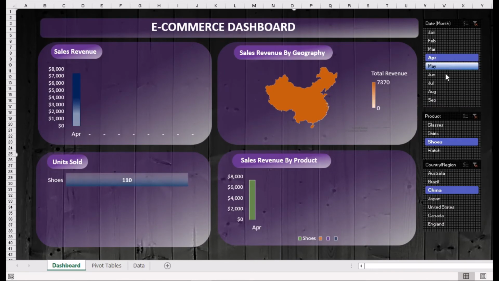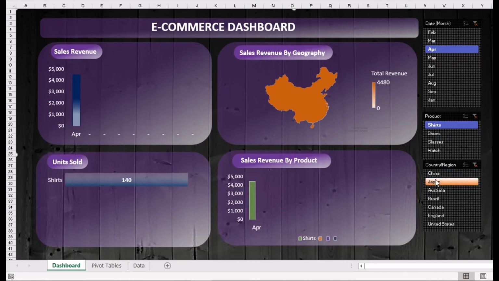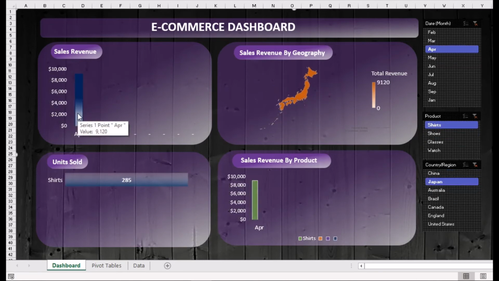And let's see how many shirts we sold to Japan. In the month of April, the revenue was 9,120. From the shirts, we sold 285 units.